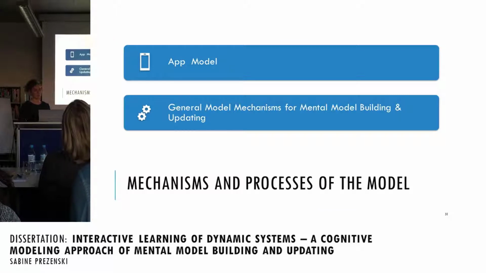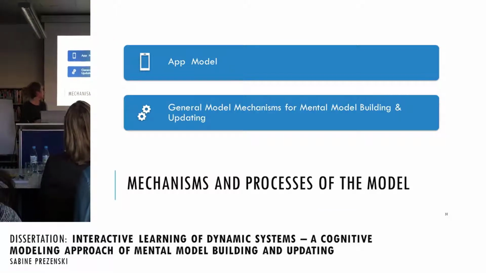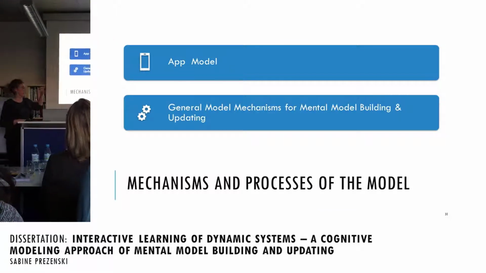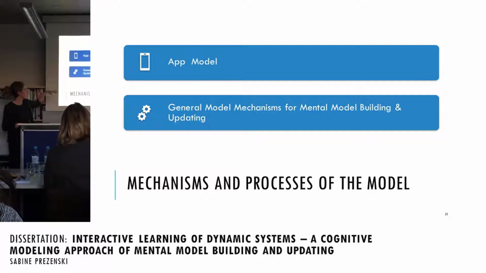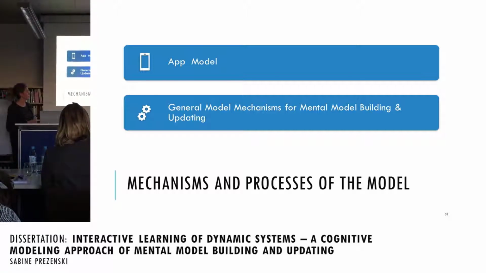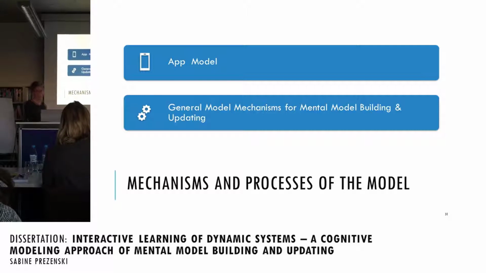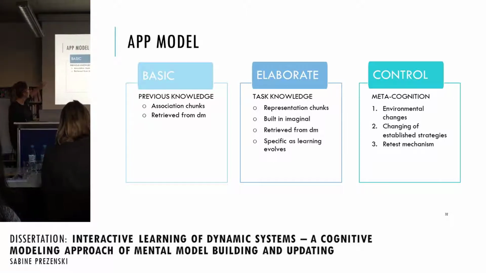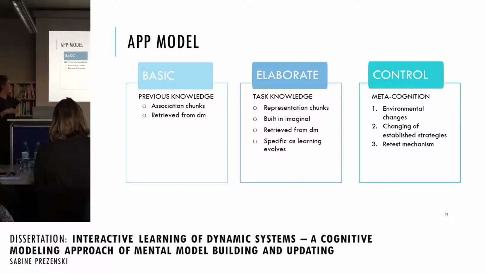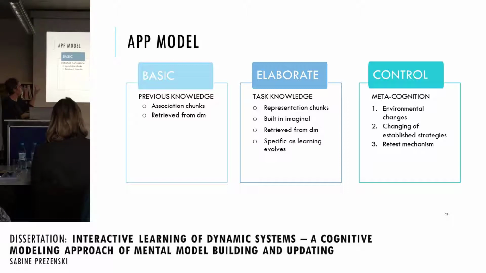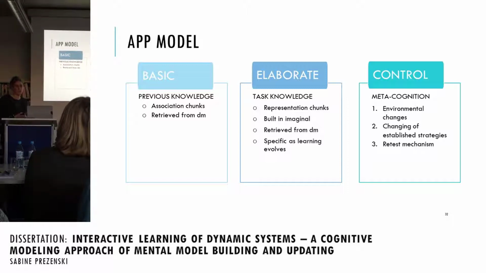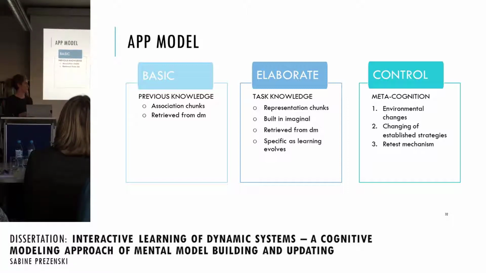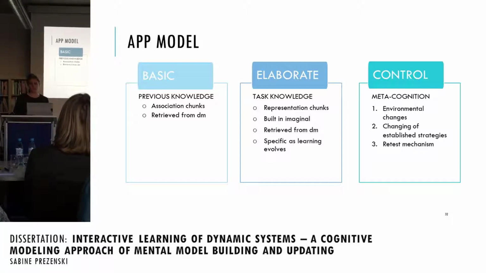Okay, so now let's look at the model finally. First I'm going to explain the app model and then look at the general model mechanisms for mental model building and updating. The app model has 3 important parts. First of all, in the beginning, the model uses basic or previous knowledge, and it then builds up more elaborate task-specific knowledge, and it also has metacognitive control mechanisms.